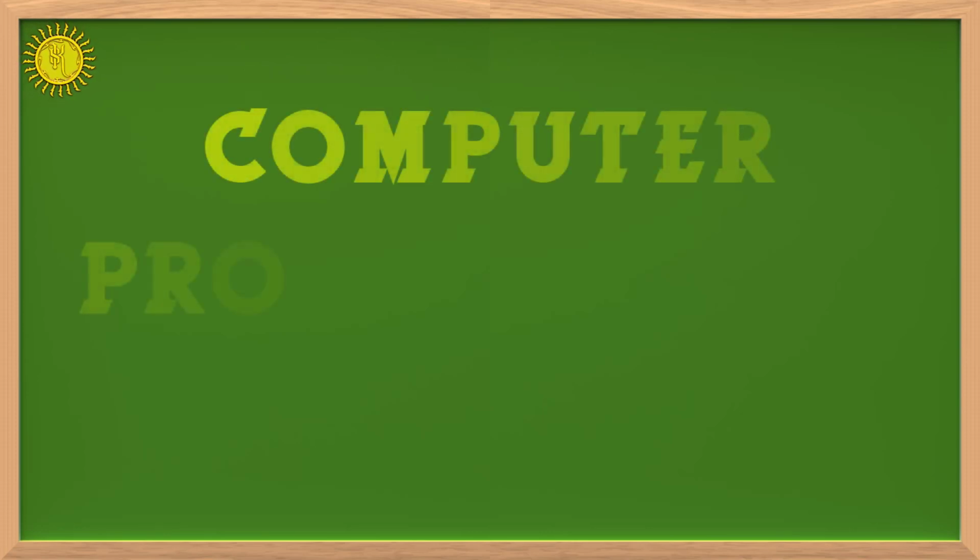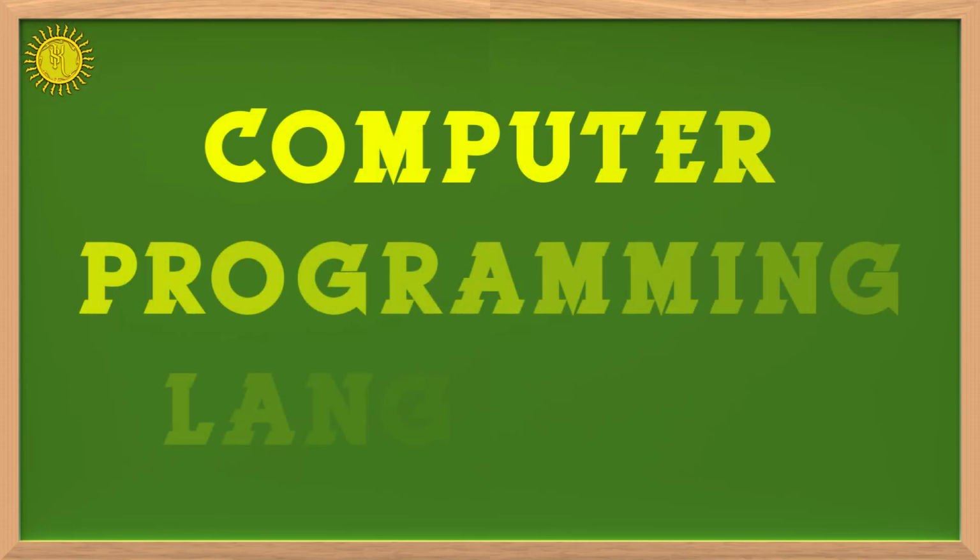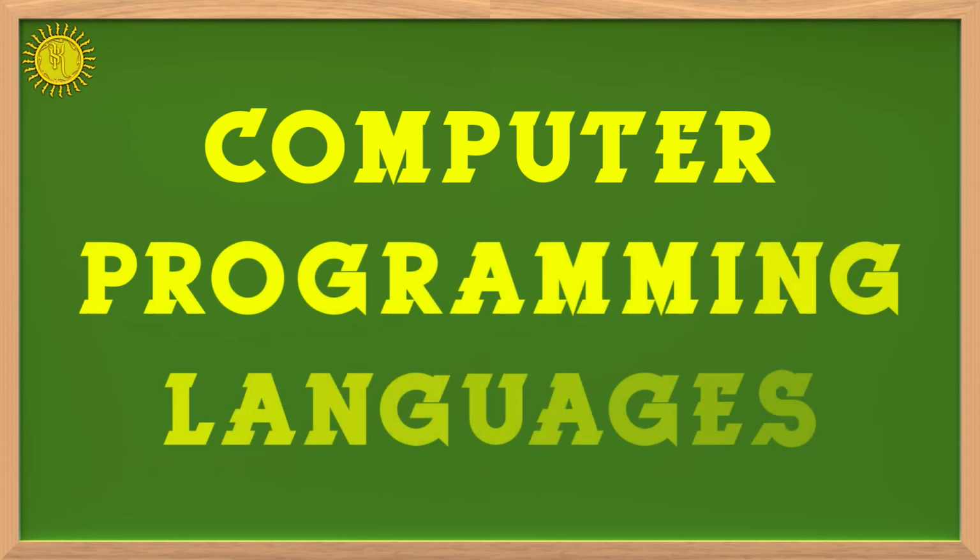So a computer needs specific instructions to perform a task or function. These sets of instructions are called programs. The process of developing a set of instructions to enable a computer to do a particular task is called programming.